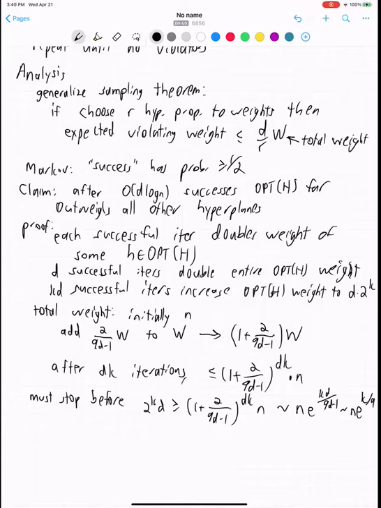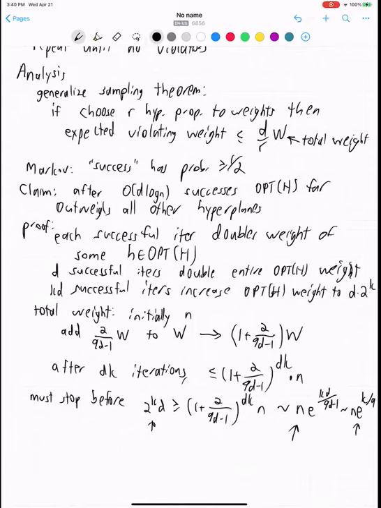Look at what's happening. The left-hand side is growing by a factor of 2 with k. The right-hand side is growing by a factor of e to the k over 9, which is less than 2 to the k. We start with a weight of n for the whole set, so it starts out ahead, but it grows slowly. The optimum hyperplanes start with a weight of d, but they grow quickly.